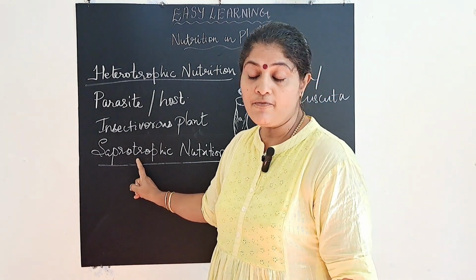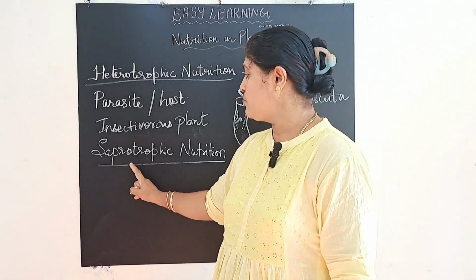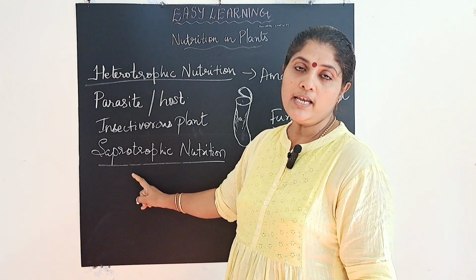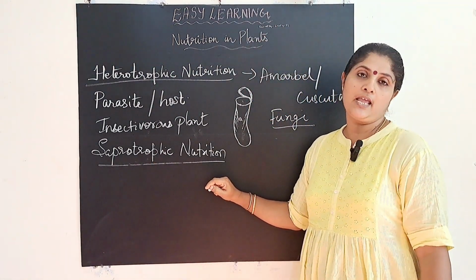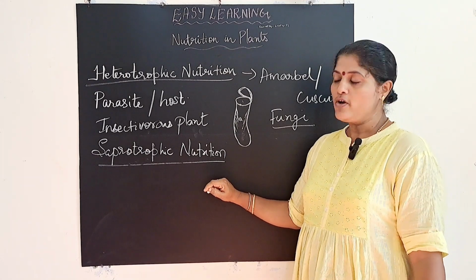So, once again, we will define what is meant by saprotrophic mode of nutrition. The mode of nutrition in which the organism consumes the nutrients from the dead and decaying organic matter in the form of solution.